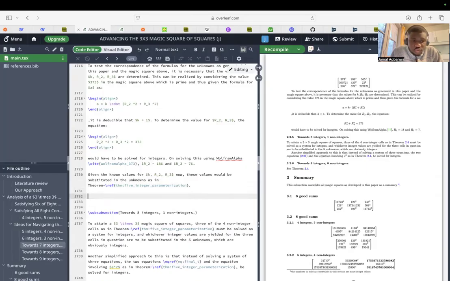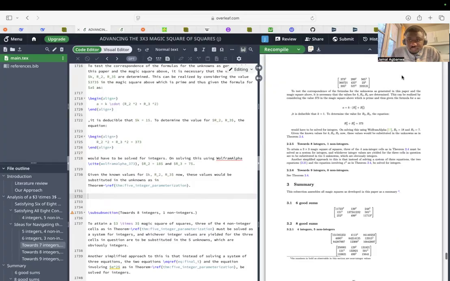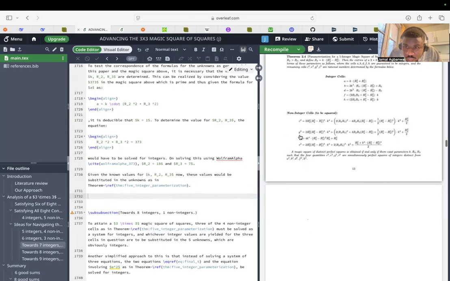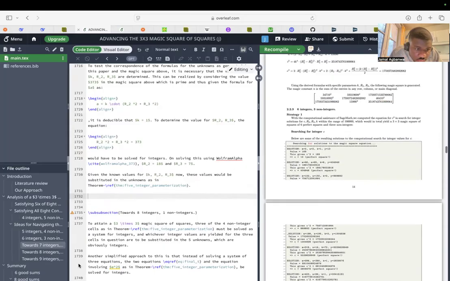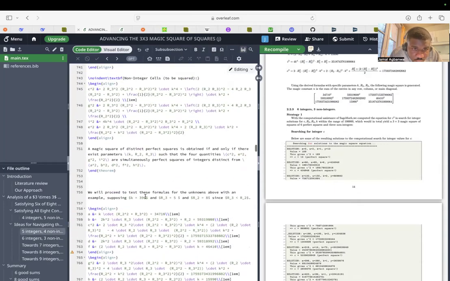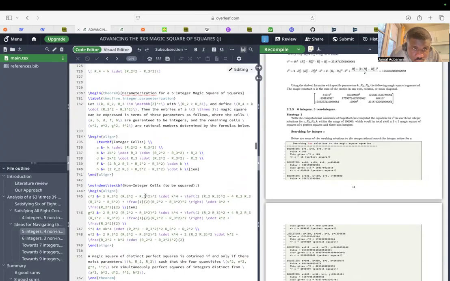So right now, to save us time, what we will do is this. We'll go to theorem 2.4. Where is that guy? Which is also on page 13. So we will now take all of these formulas.